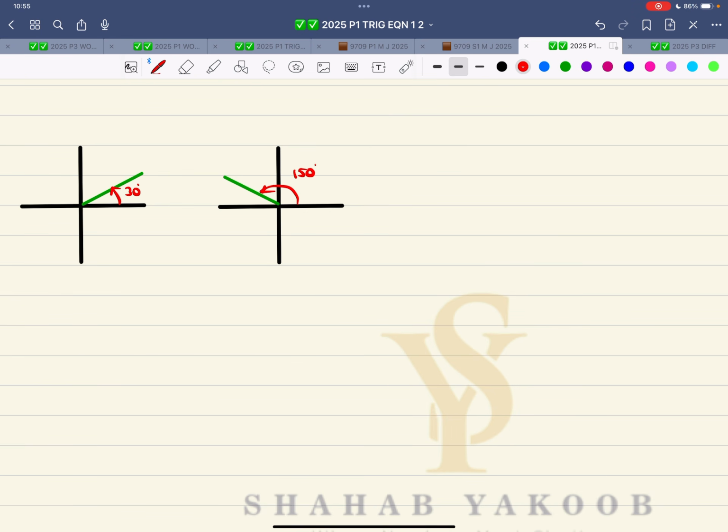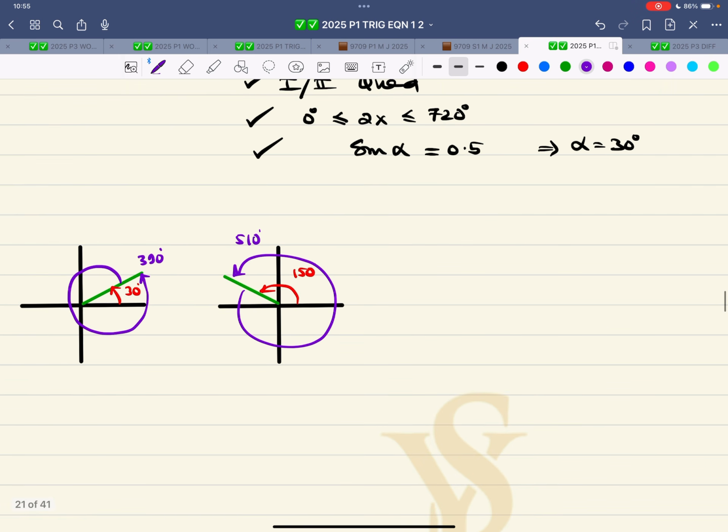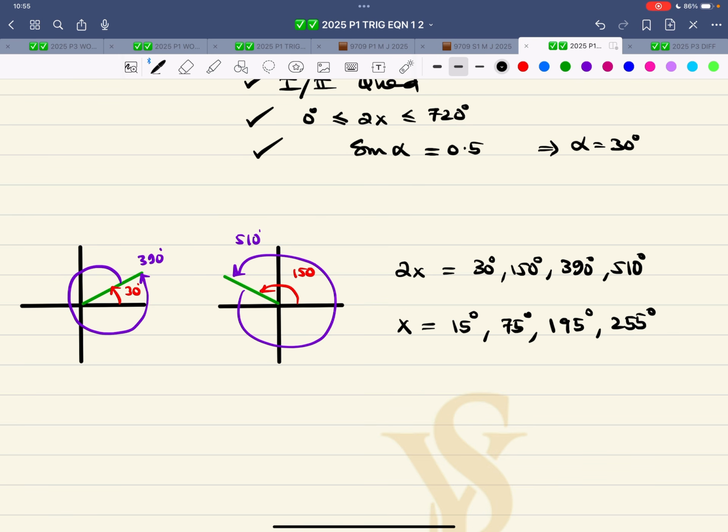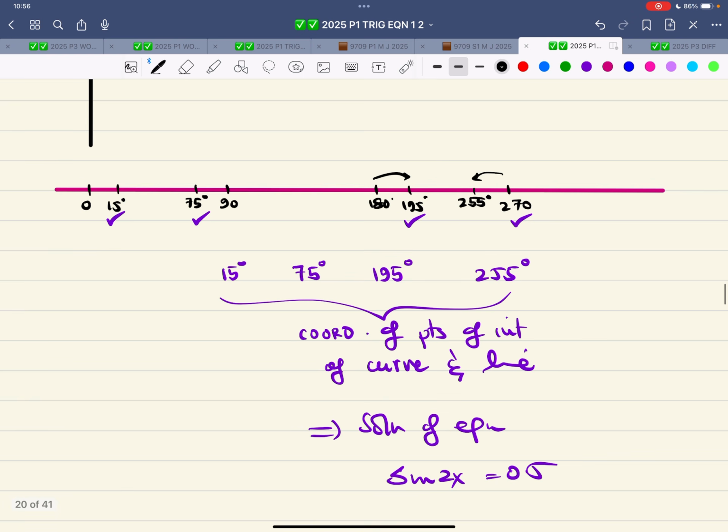So now let me go one more revolution. 30 plus 360, that is 390. 150 plus 360, that is 510. So let me write over here. Therefore 2x equals to 30, 150, and then 390 and 510. Therefore make x the subject, divide by 2: 15 degrees, 75 degrees, 195 degrees and 255 degrees. Let's double check. There it is, 15, 75, 195, 255.